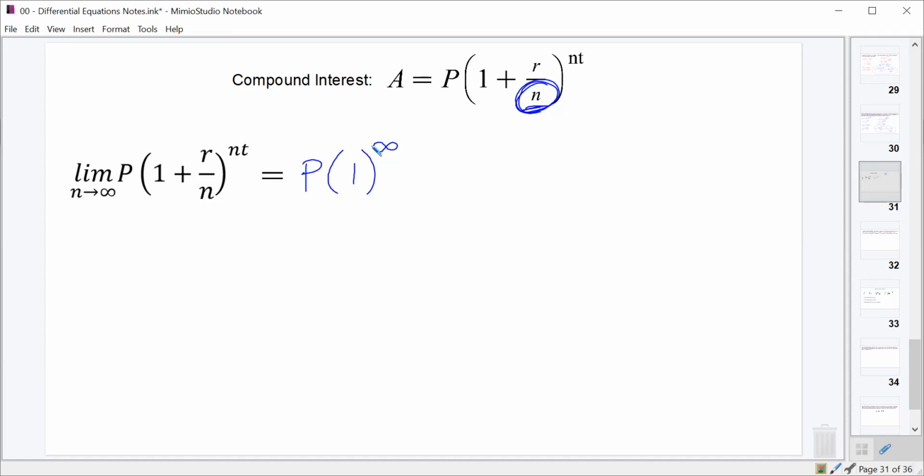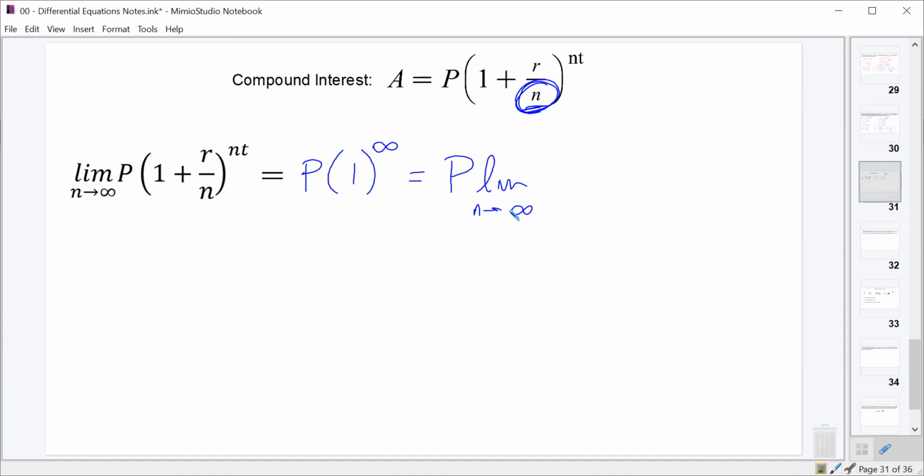So what we're going to do is, first off, take that p, that's a constant, and pull it out so I don't have to deal with it. And we can take a constant out of a limit anytime we want. But then, in order to get rid of that infinity that's in the exponent, I'm going to take a natural log of (1 plus r over n) to the nt.